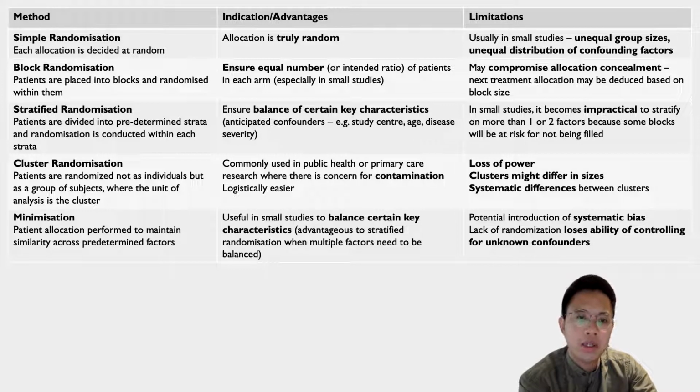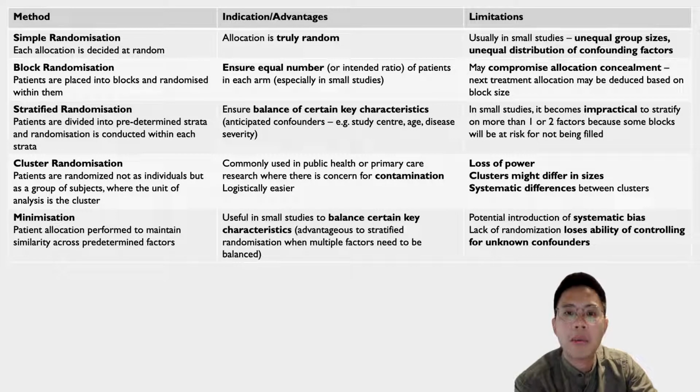Cluster randomization is a process where patients are randomized at the level of a unit or a cluster, and this is oftentimes the test center or the study center. This is commonly used in public health or primary care research, where there is concern for a problem called contamination.